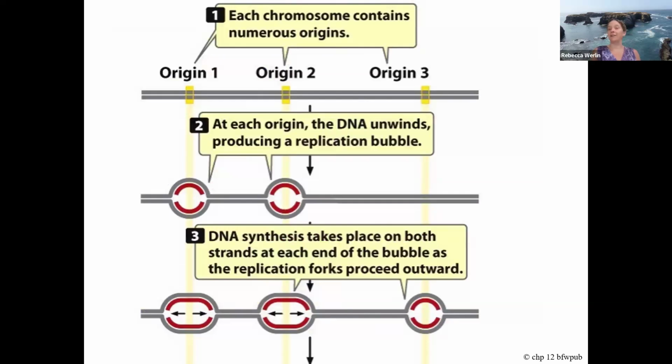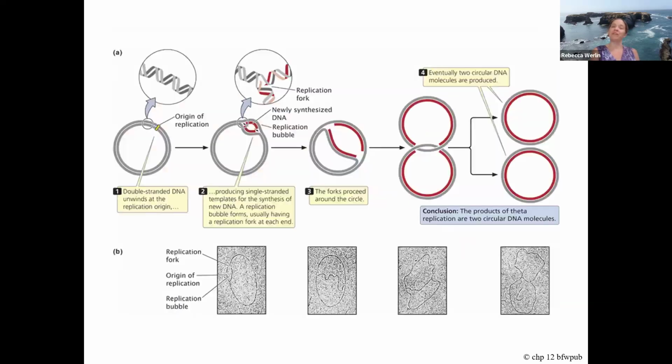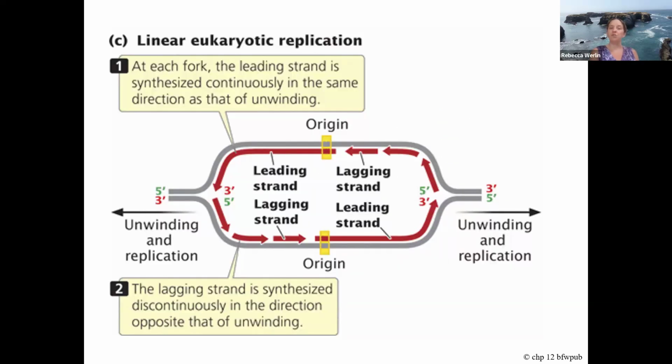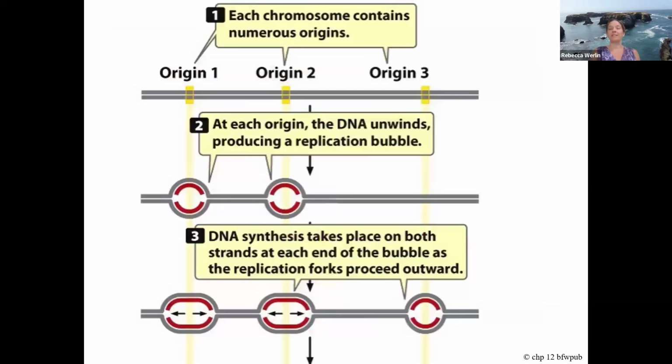Now, in eukaryotic chromosomes that are linear, something different happens. Because prokaryotic chromosomes typically are smaller and circular, they only need one origin of replication. However, eukaryotic chromosomes are typically longer and linear, and to speed things up, they'll usually have multiple origin points of replication, so that you have DNA replication bubbles occurring all over the chromosomes all at once, speeding the DNA synthesis.